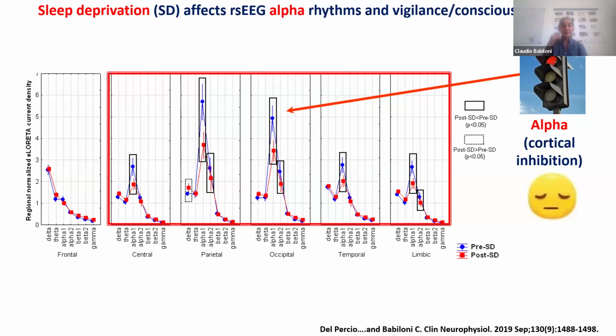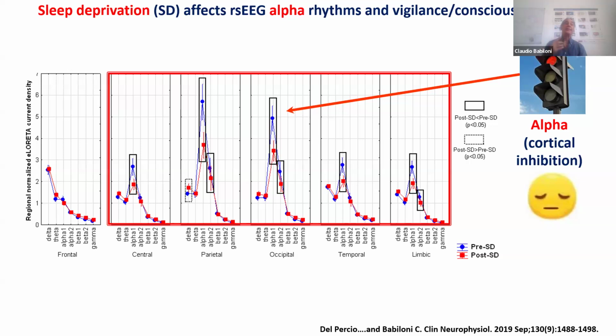After one night of sleep deprivation, you have in the same subjects a resting state eyes closed condition again in the morning, but after one night of sleep deprivation. So with a sort of mental fog, a mental fatigue, a tiredness of the mind.